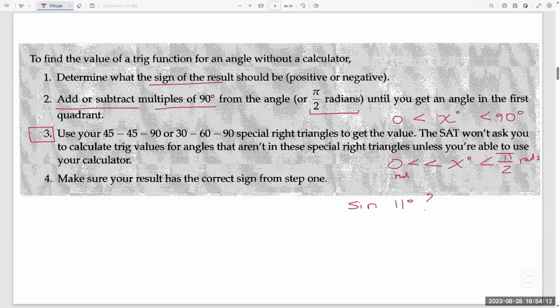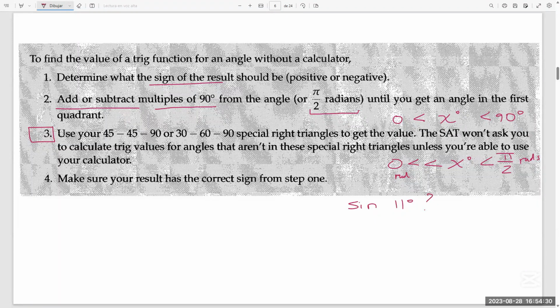So just put together the value of the function and the sign that you predicted in step 1, and there you go. Let's see several examples on how to proceed here.